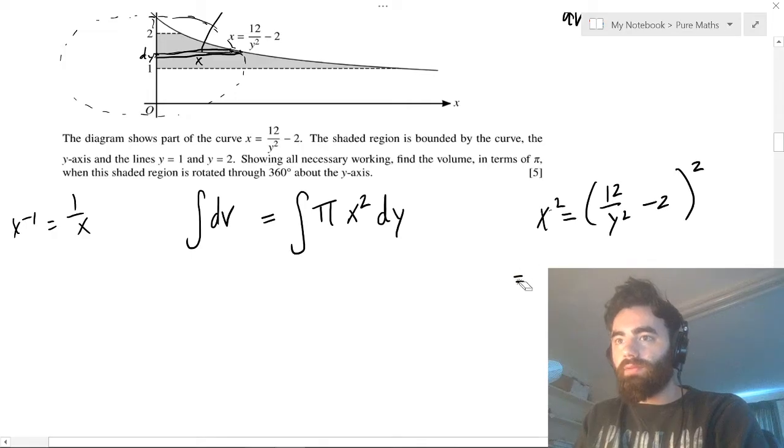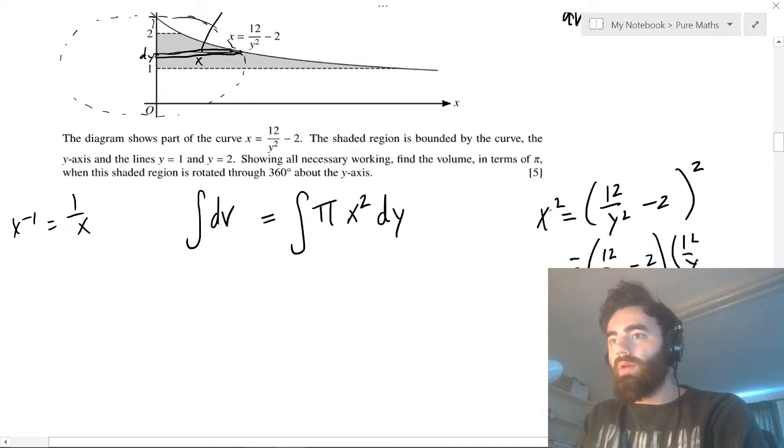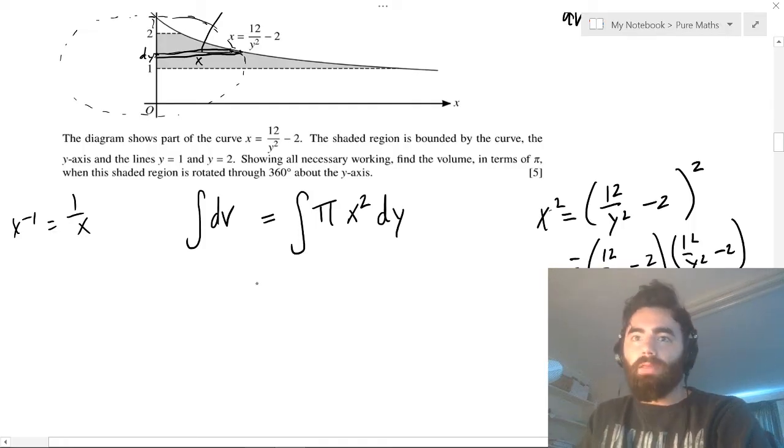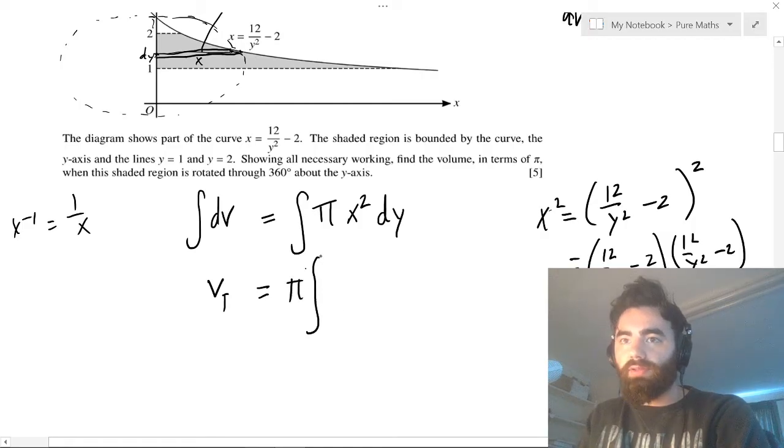That equals 12 over y squared minus 2 times 12 over y squared minus 2. That gives us 144 over y to the fourth, minus 48 over y squared, plus 4.